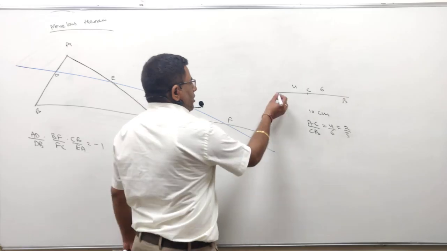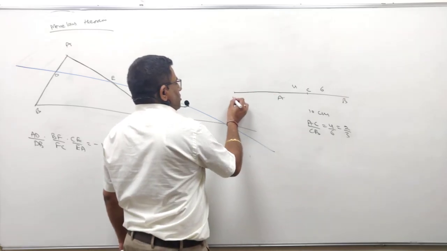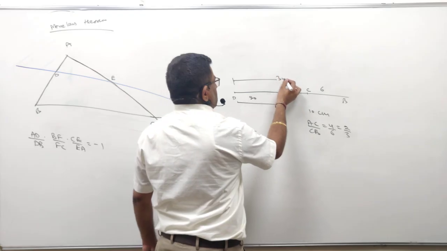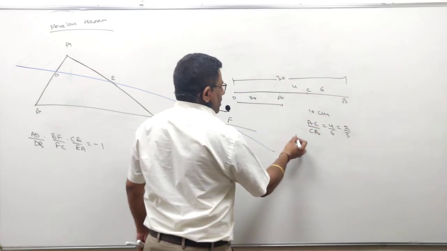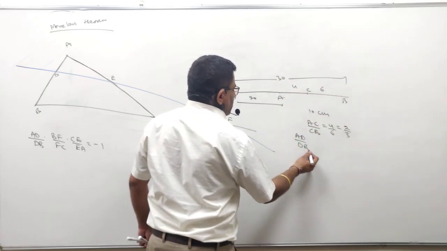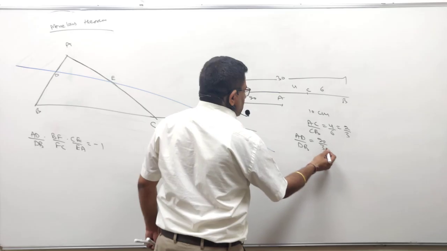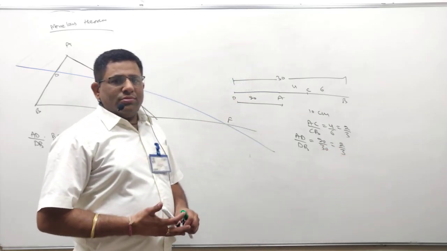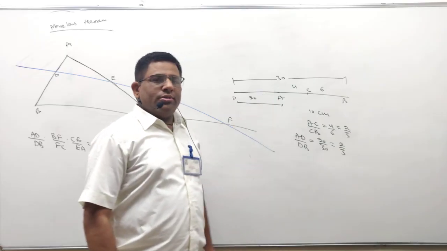Now if I take a point D on this side, such that AD is 20 centimeter and DB is 30 centimeter, then AD is to DB becomes 20 by 30, again 2 by 3, but C is a different point, D is a different point.